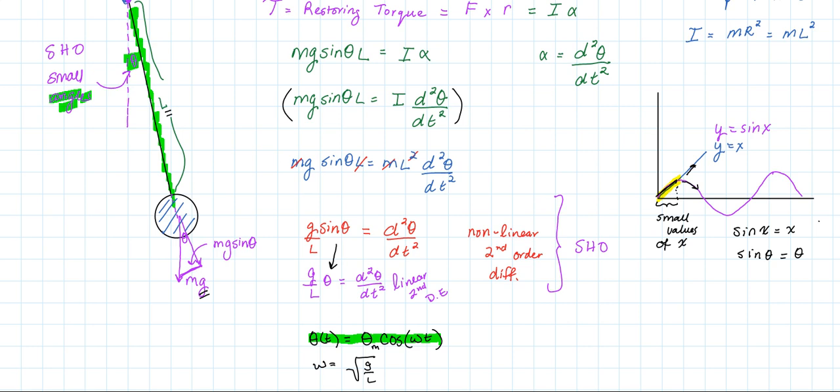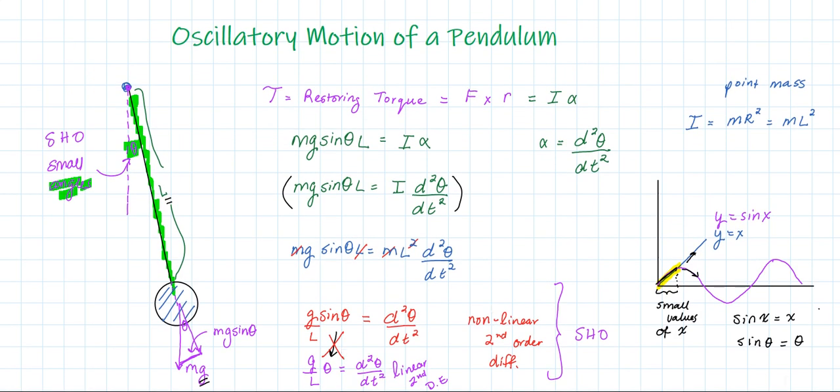That would be a no. We would not be able to do that, and therefore we would have a non-linear second order differential equation, and this kind of equation would actually have a solution that is not a closed form solution. So it would have to be solved numerically, using a computer or some sort of program to solve it. So that would be our first issue, and we would no longer be considered a simple harmonic oscillator.